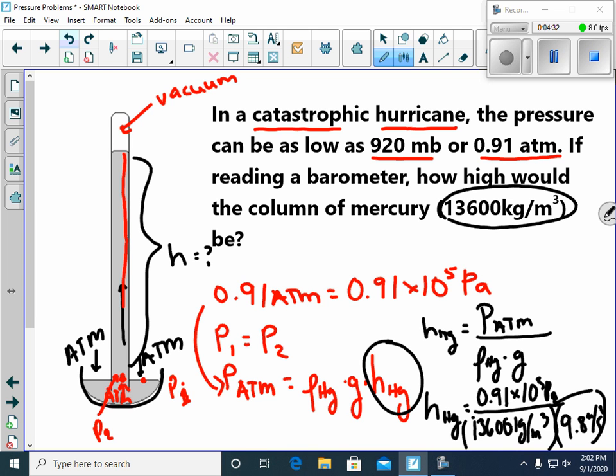And I get for the height of my mercury to be 0.68 meters, or 68 centimeters.